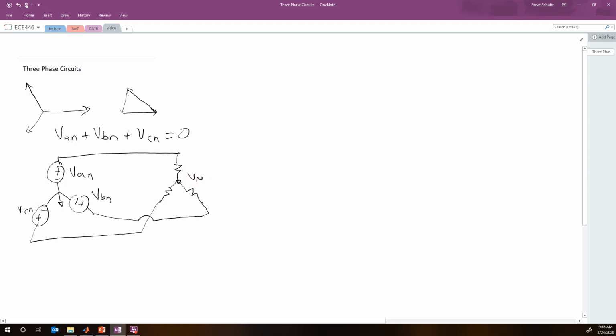So we're just going to do node voltage, and each of these has a value of R. Starting with this node, we go Vn minus VAN over R, plus Vn minus VBN over R, plus Vn minus VCN over R, equals 0.